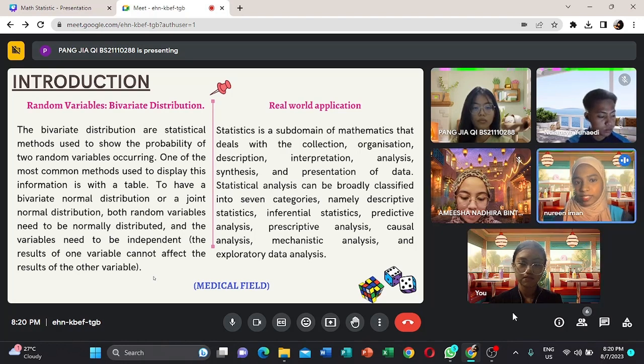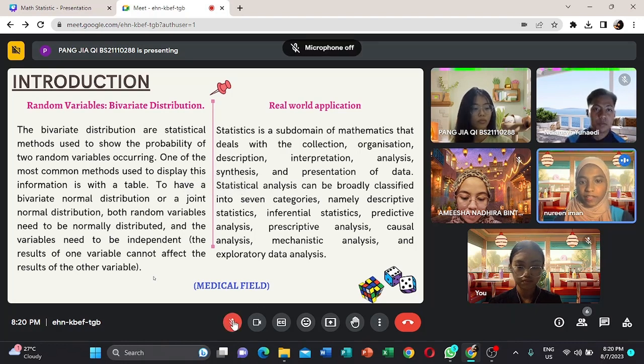We know statistical analysis can be broadly classified into seven categories, namely descriptive statistic, inferential statistic, predictive analysis, causal analysis, mechanistic analysis, and exploratory data analysis.